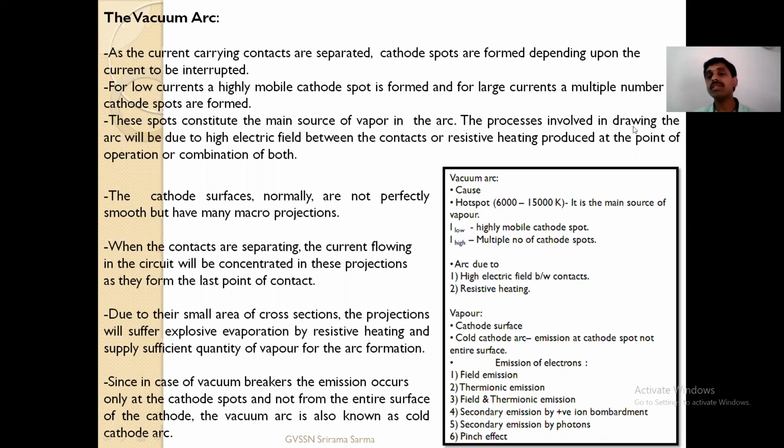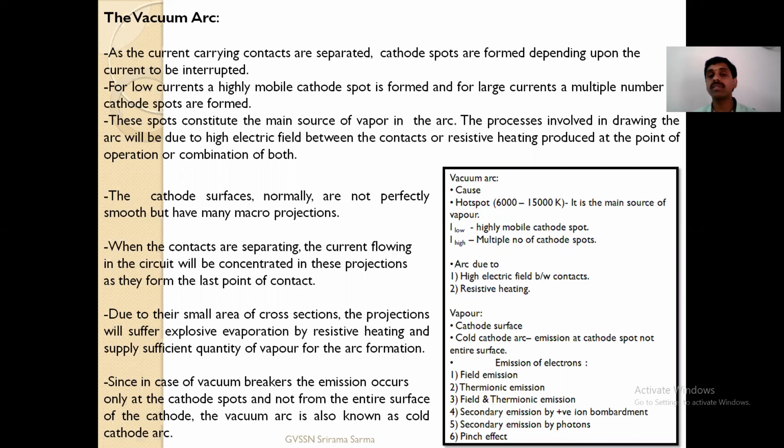The process involved in drawing the arc is due to a high electric field between the contacts, or resistive heating produced at the point of operation, or a combination of both. Because of this, the vapor is produced. The temperature of the hot spot is 6,000 to 15,000 Kelvin, such a high temperature. The cathode surfaces normally are not perfectly smooth, but have many micro projections.